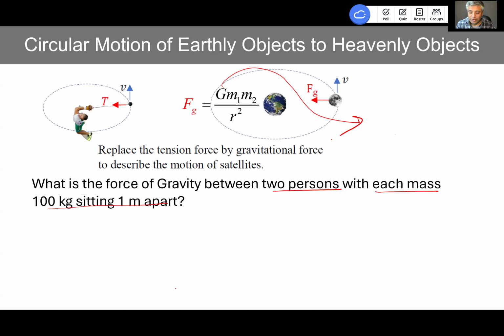Okay, so that constant was determined by doing an experiment called the Cavendish experiment, by putting two masses in some vacuum chamber connected by a rod and measuring the slight twist. Because of the attraction, they tend to rotate.